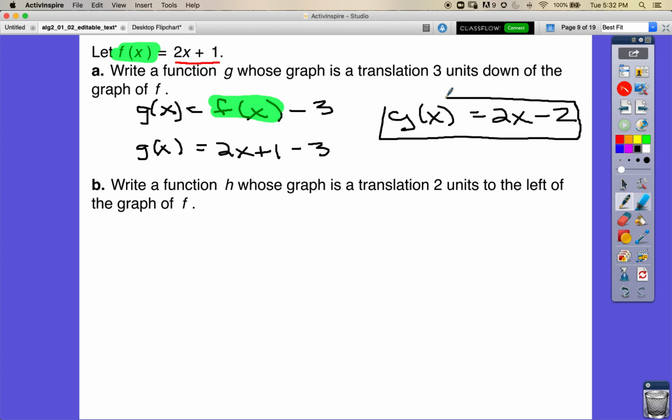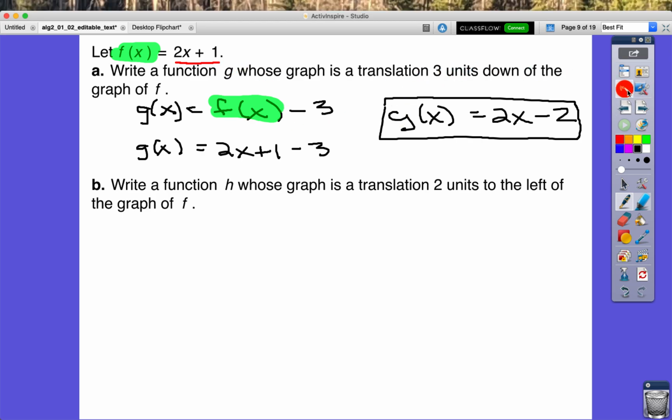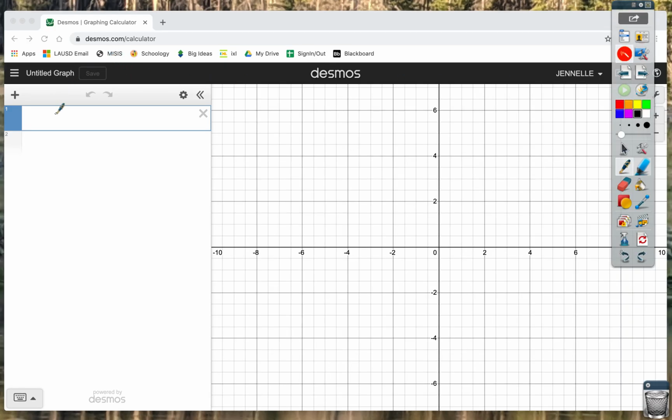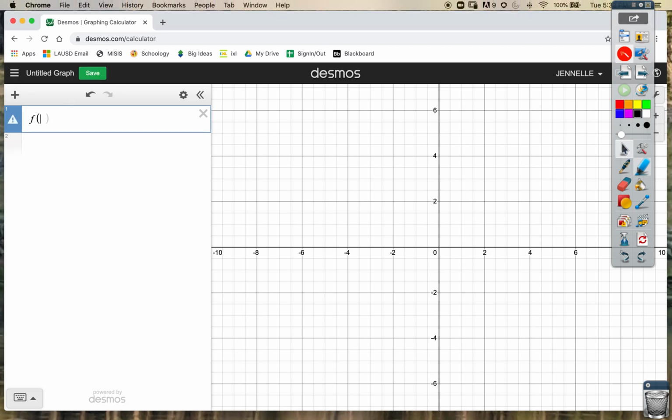Now we're going to plug this into Desmos right now so that you can see that it actually did move 3 units down. All right, my original here is f of x equals 2x plus 1.